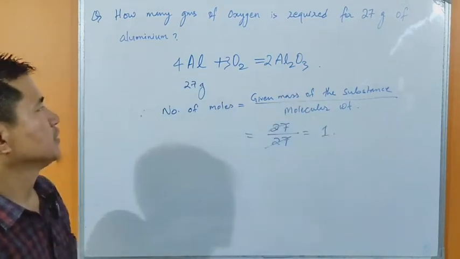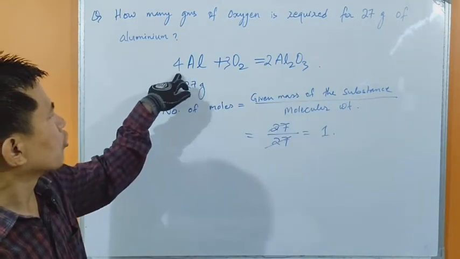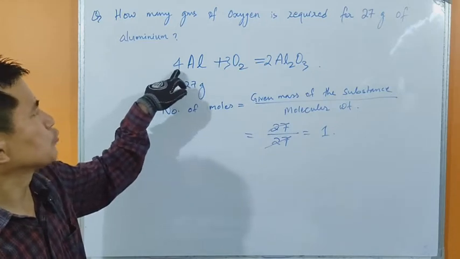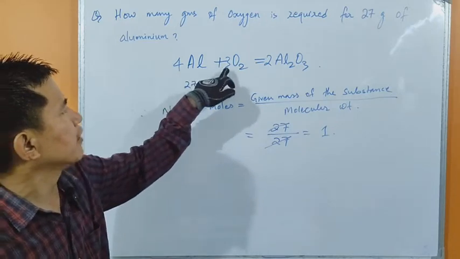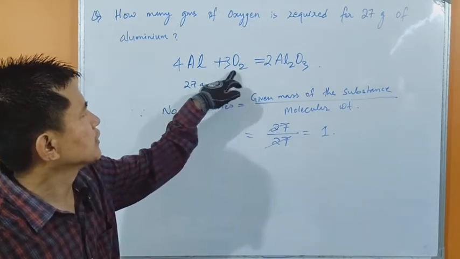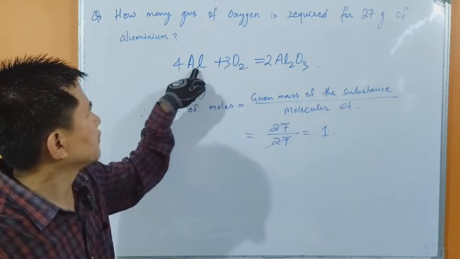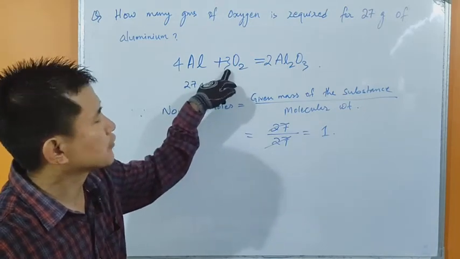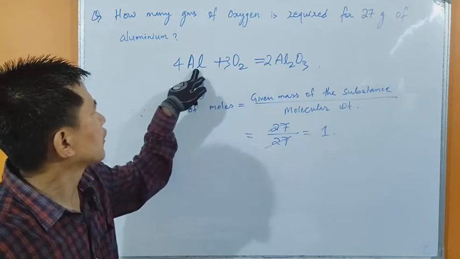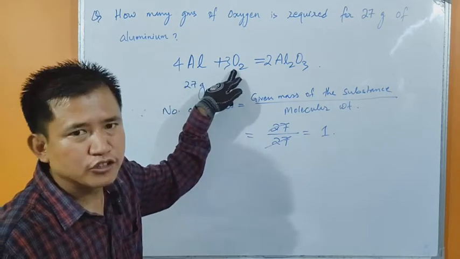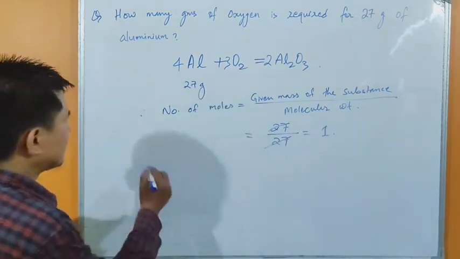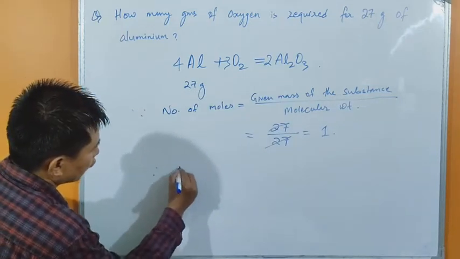We have found that out. Now, since 4 moles of aluminium require 3 moles of oxygen, isn't it? 4 moles of aluminium require 3, this 3 is in front of O2. 4 moles of aluminium require 3 moles of oxygen for complete reaction, okay?